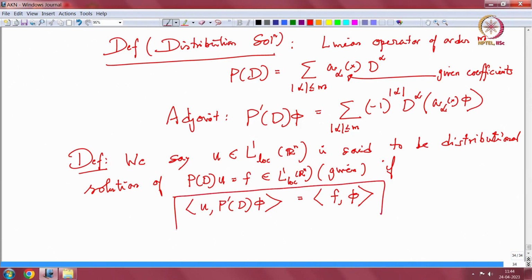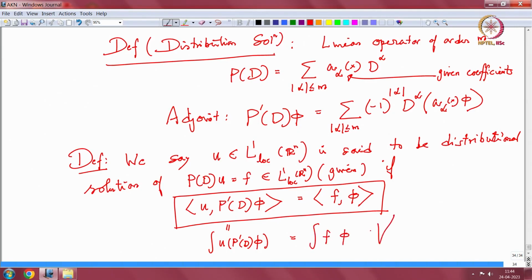So you see, u is a locally integrable function, and this you can write as an integral of u times P prime of D phi equal to the integral of f phi.